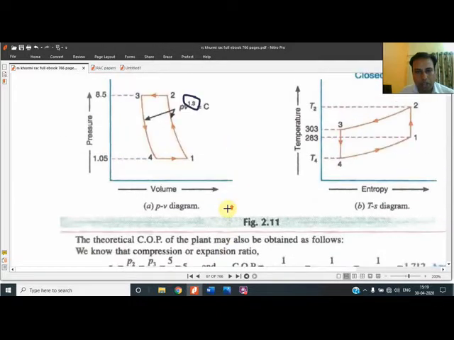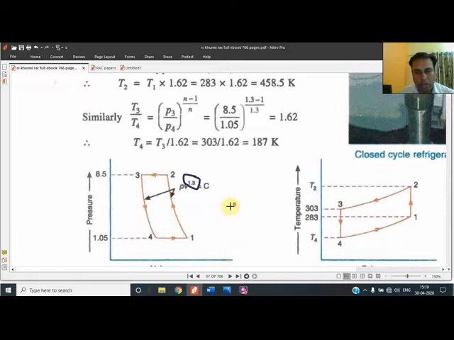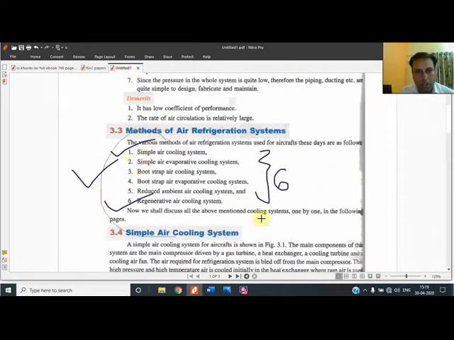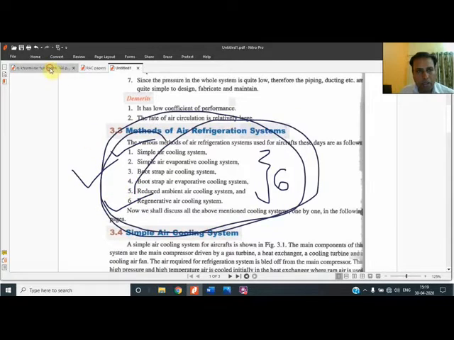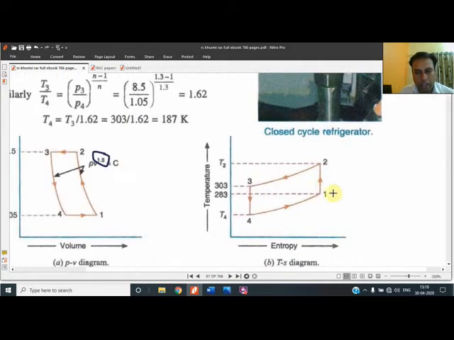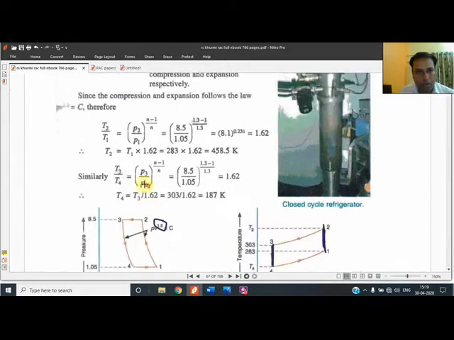I have told you earlier also that whether you are solving all the cases of air refrigeration, or whether you are solving the Brayton cycle, the only key thing we should learn is that whenever we get a vertical line in a TS diagram, we have to apply a general relation.